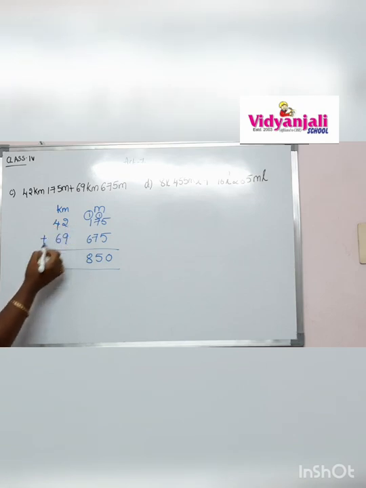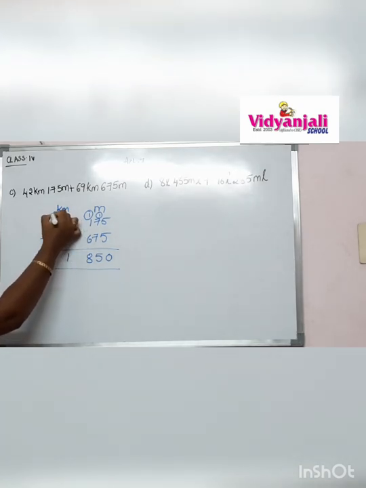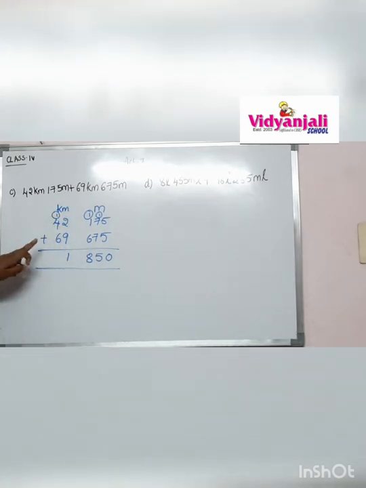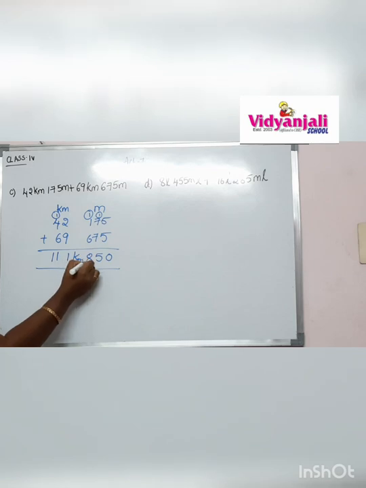Now 2 plus 9 is 11, so 1 here and 1 carried forward. Now 6 plus 4 is 10. 10 plus 1 is 11. So let's write 11. Therefore the answer is 111 kilometers and 850 meters.